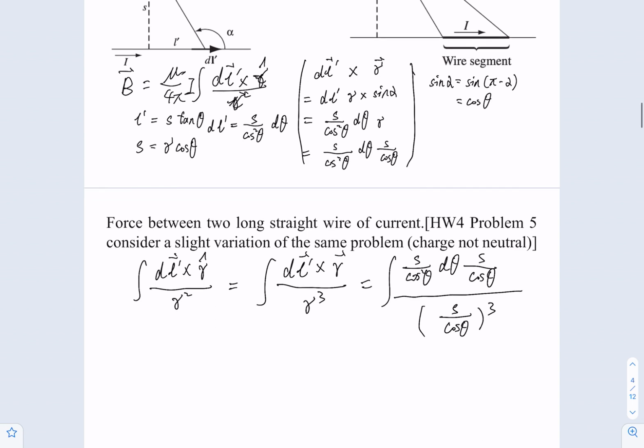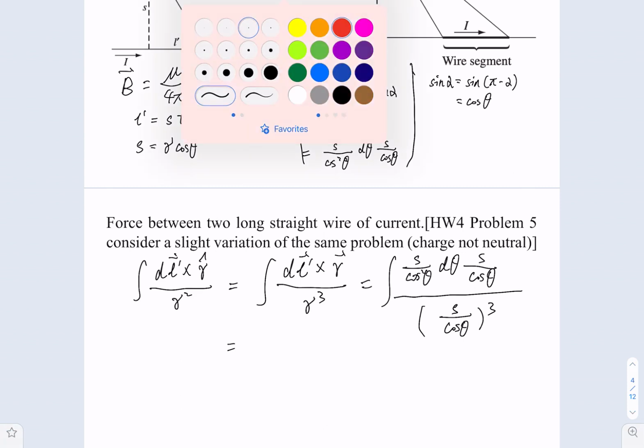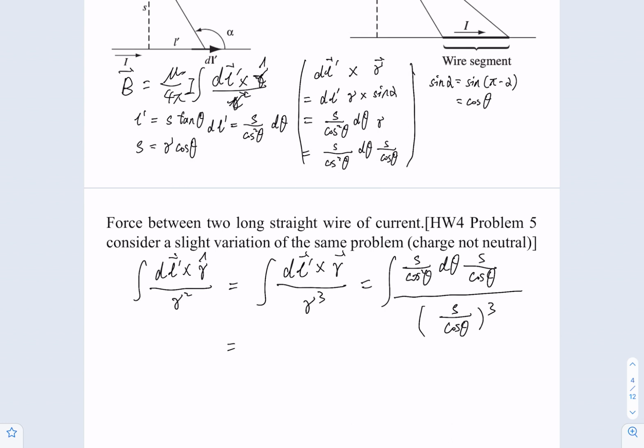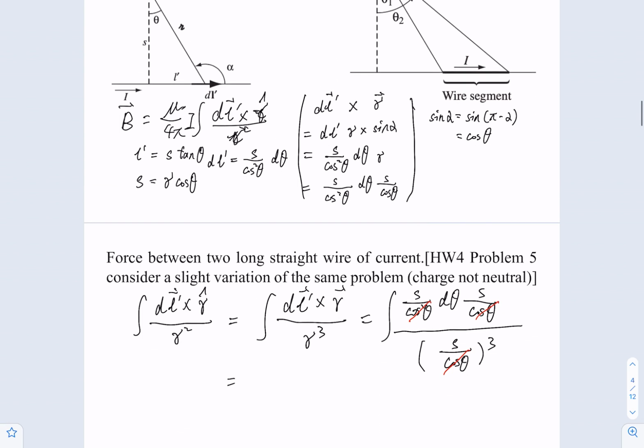So now we have the right hand side as, there are 2 cosine theta cancels 3 cosine theta, and 2 s cancels the third.